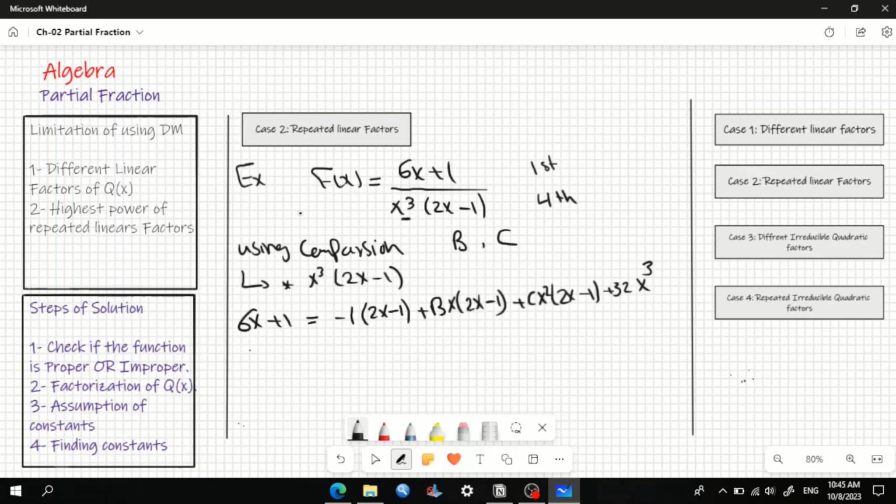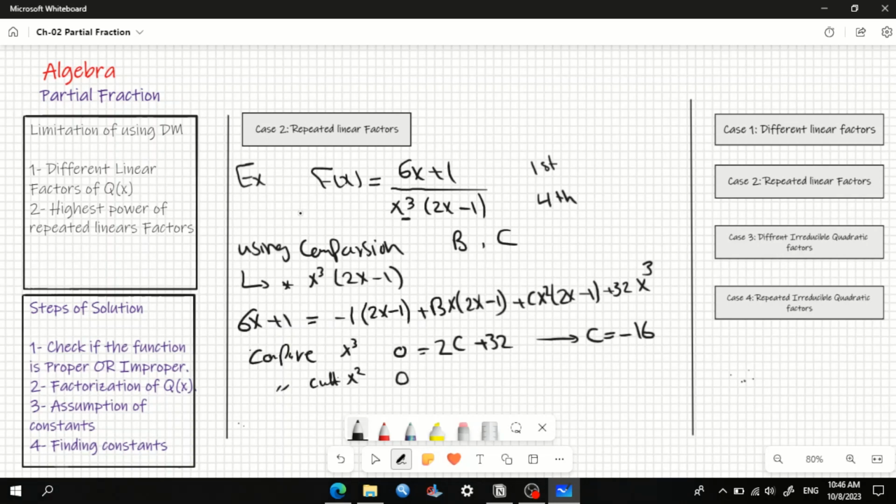So here compare, start from the highest power, so start with cubic x. So 0 equal to 2c plus 32. So c equal to negative 16. And compare the coefficient of x squared.